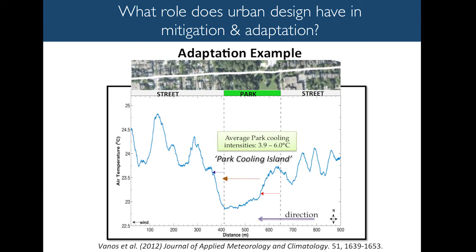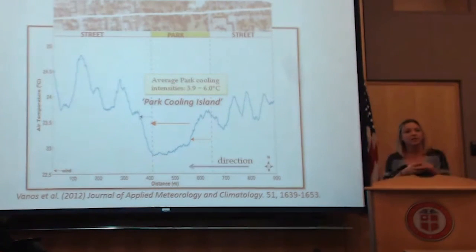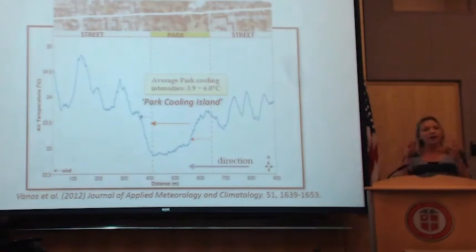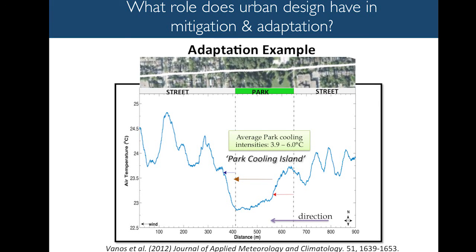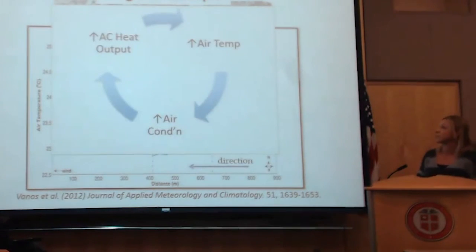And if we can get a cooling from a park cooling island of 5 degrees Celsius, then that 2 degrees Celsius we might see in 50 or 100 years from climate change and warming doesn't matter as much. It's important, obviously, but if we can start doing targeted adaptation interventions within urban areas to bring the temperatures down naturally, that's adaptation. And then you have mitigation, which is, yes, let's stop producing the climate change.